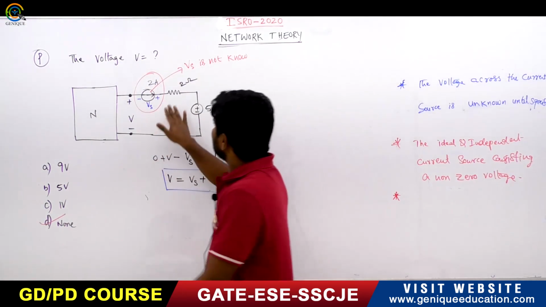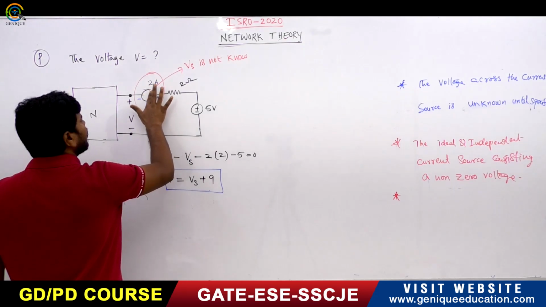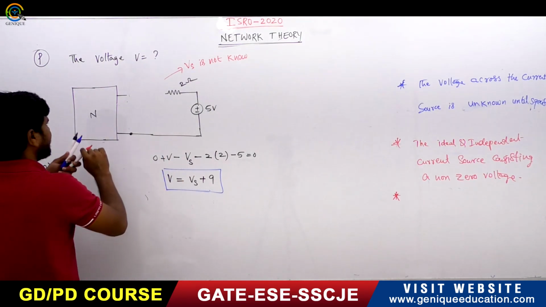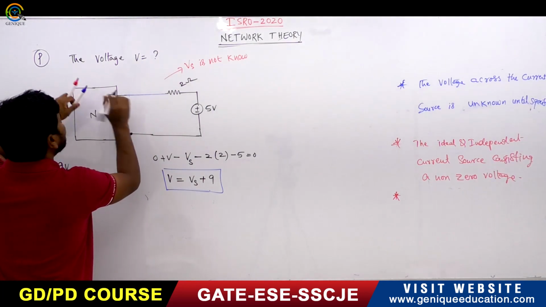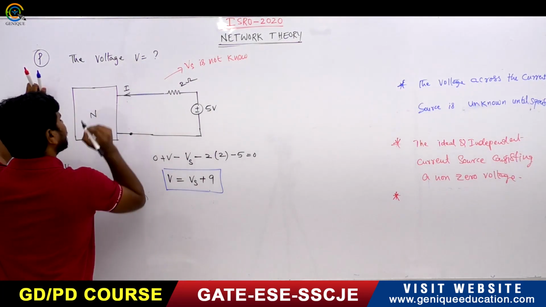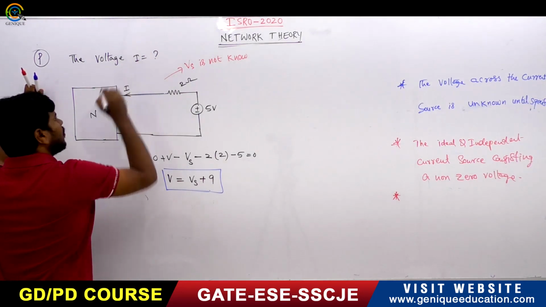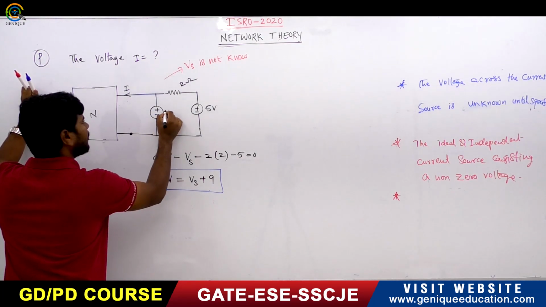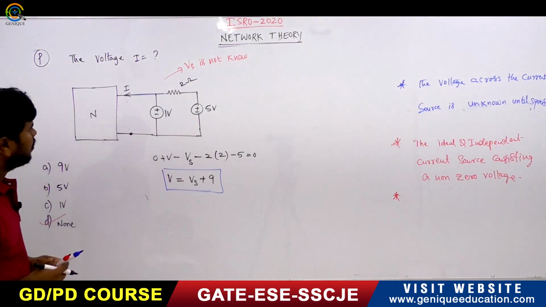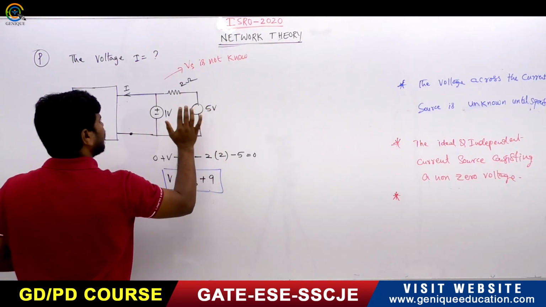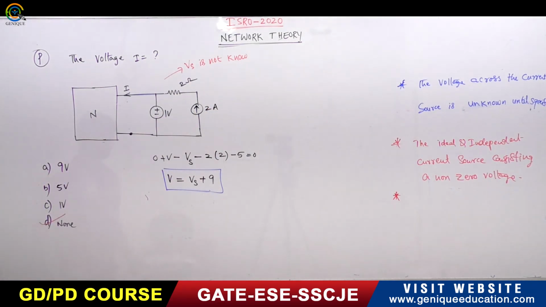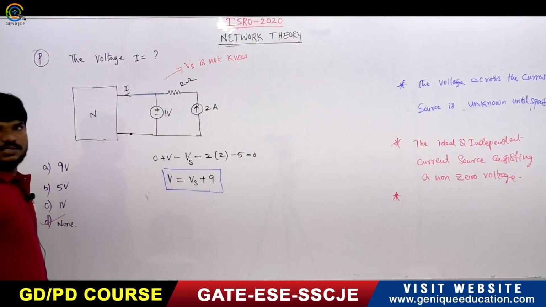Similarly, I will tell you one point. Suppose in this question, observe this. Now find the current in the given circuit.